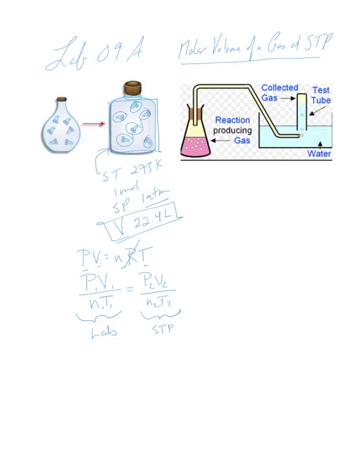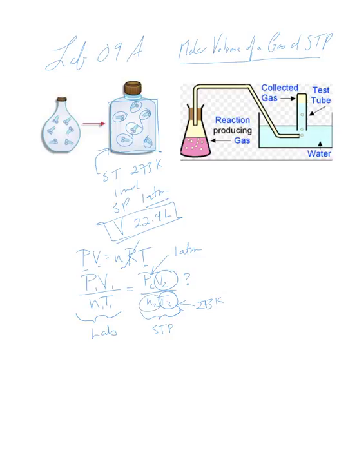So we know the STP volume is our question mark. That's what we're trying to find. We know the pressure at STP is going to be 1 atmosphere, or 760 torr. We know the temperature is going to be 273 Kelvin, at 0 degrees Celsius.